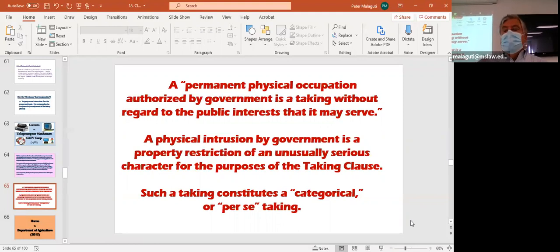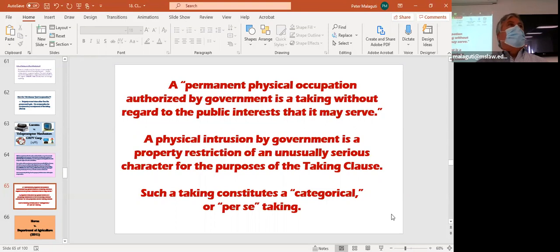The most important of all the property rights is the right to exclusive possession. No matter how minimal this impairment is, it is intruding on the right to exclusive possession, and therefore it is a categorical taking. We don't have to do any more analysis. It is a taking per se, okay?